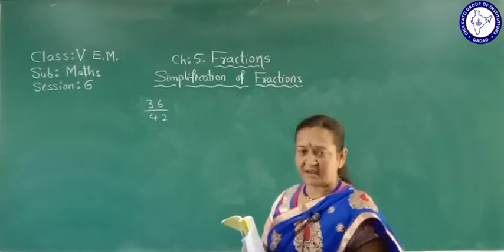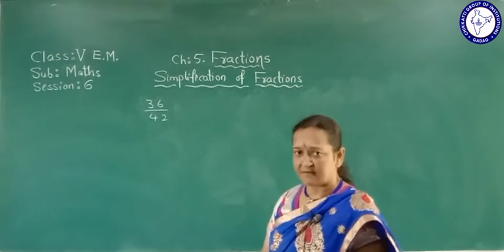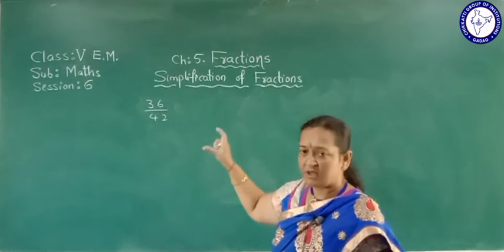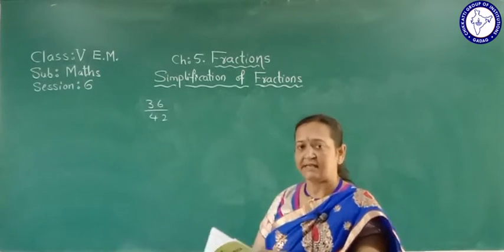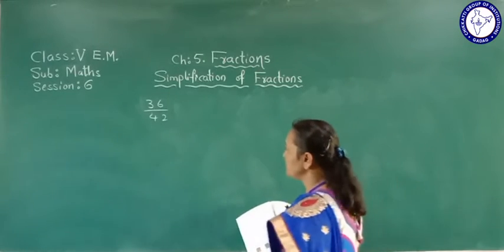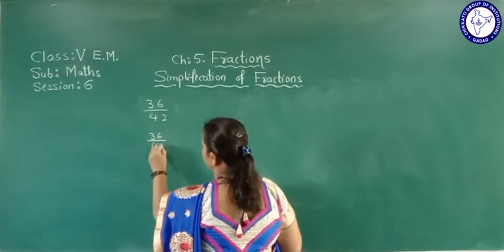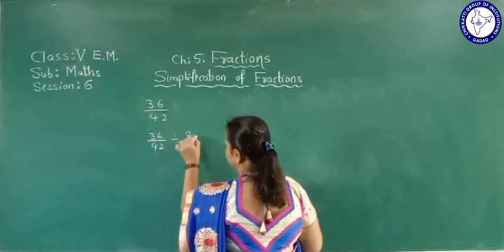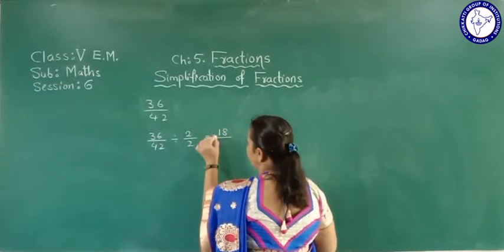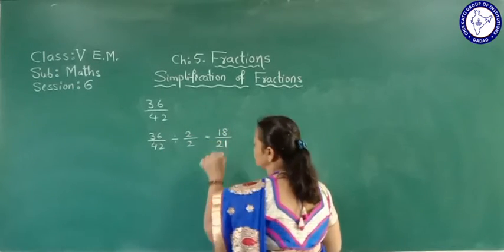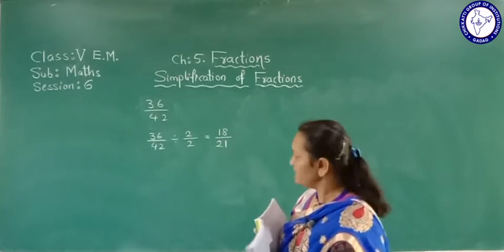If we are not finding in which bigger table, at least we know they are even numbers. Even numbers are easily divisible by 2. So first let me divide 36 by 42 by 2. So here we'll get 18 and 21. This is the first step to reduce 36 by 42.